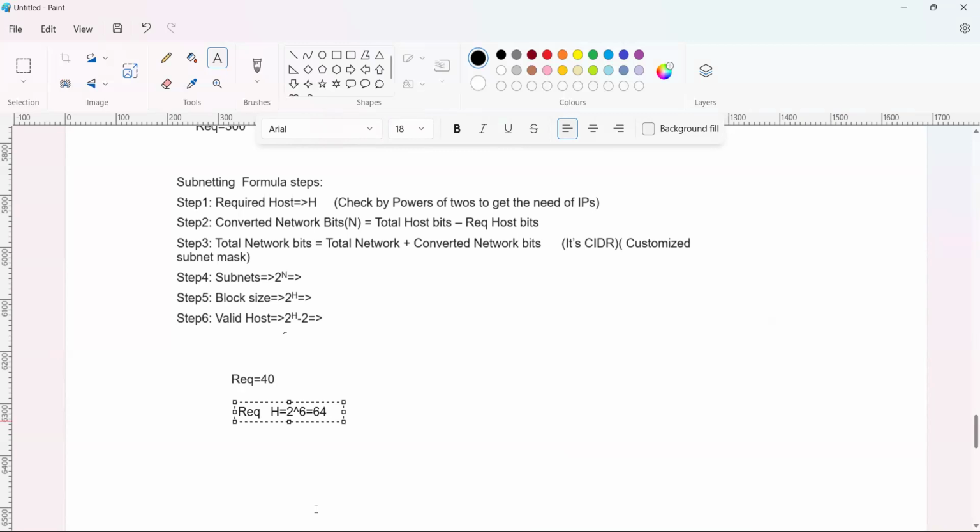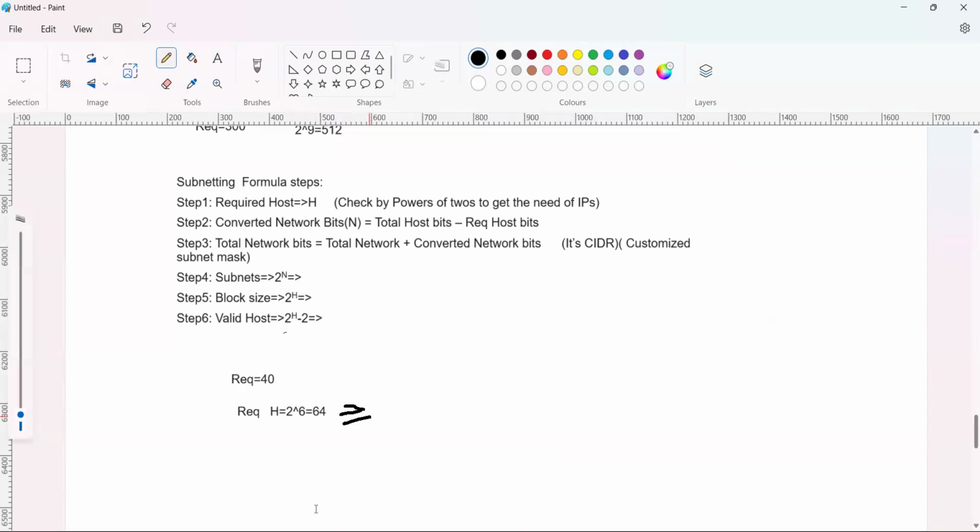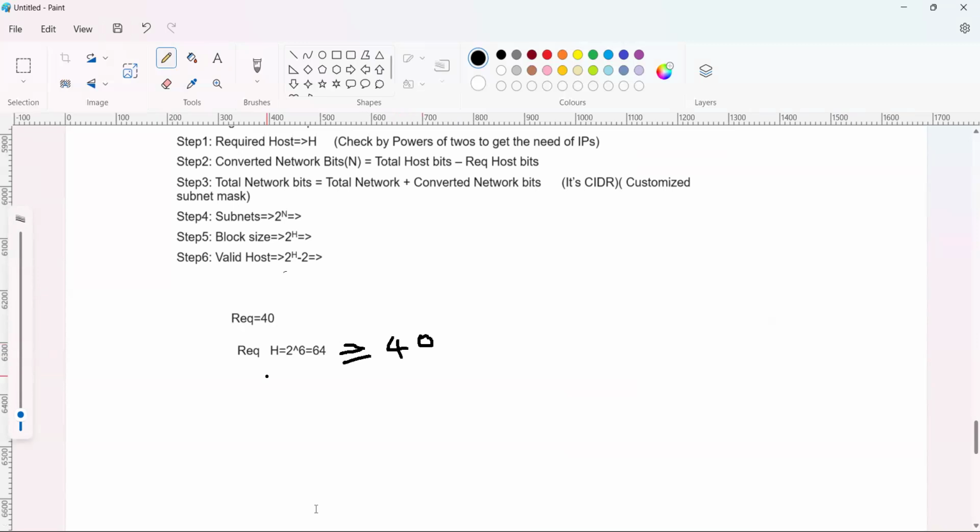The value that will match is greater than or equal to 40. So the value is matching here. Now move to the converted.